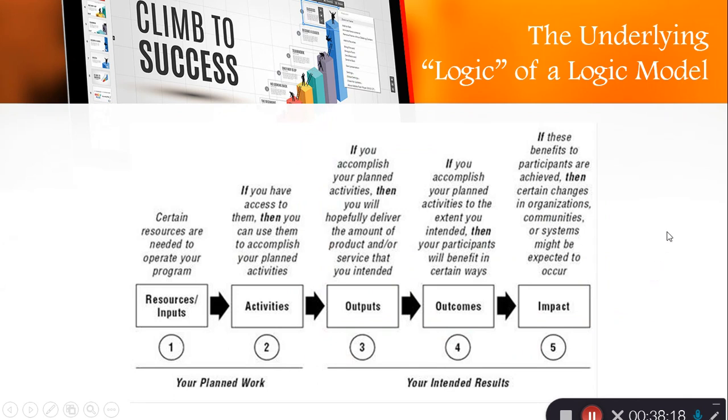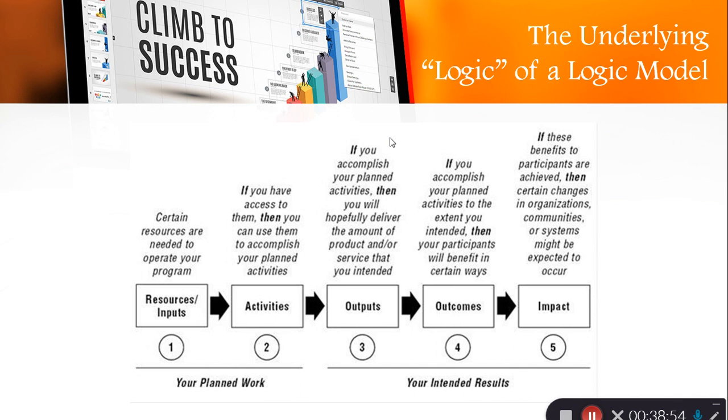And this is a useful visual that is provided by the W.K. Kellogg Foundation, and it kind of helps to understand the logic underlying a logic model. And so basically, the idea here is that there are certain resources that are needed to operate your program. And then if you have access to those resources, then you can use them to accomplish your planned activities or interventions. And then in turn, if you accomplish your planned activities, then you will hopefully deliver the amount of product and or service that you intended.